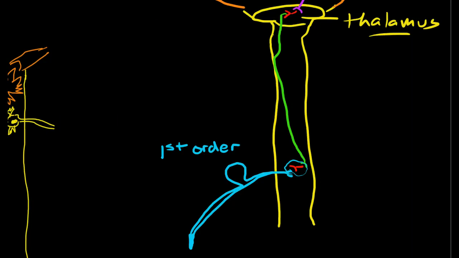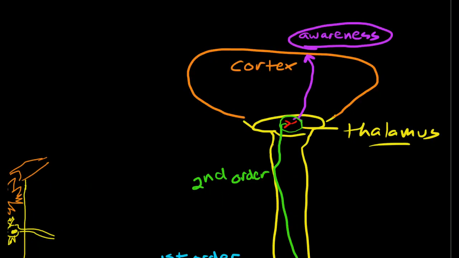The nerve that carries information up from this level of the spinal cord, say we're down at L2, all the way up to the thalamus, is called the second order neuron. And then again, the interneurons are just called interneurons. They're not really named. And then the nerve that brings information from the thalamus up to the cortex is called the third order neuron.